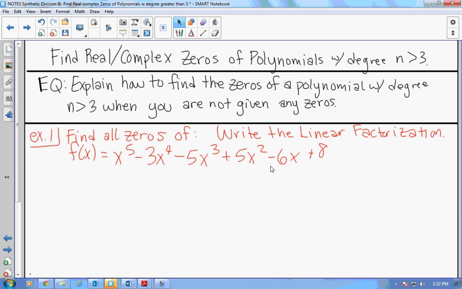X to the 5th minus 3x to the 4th minus 5x to the 3rd plus 5x squared minus 6x plus 8. Okay, make sure that's written down, then go to your y equals button and type it in.